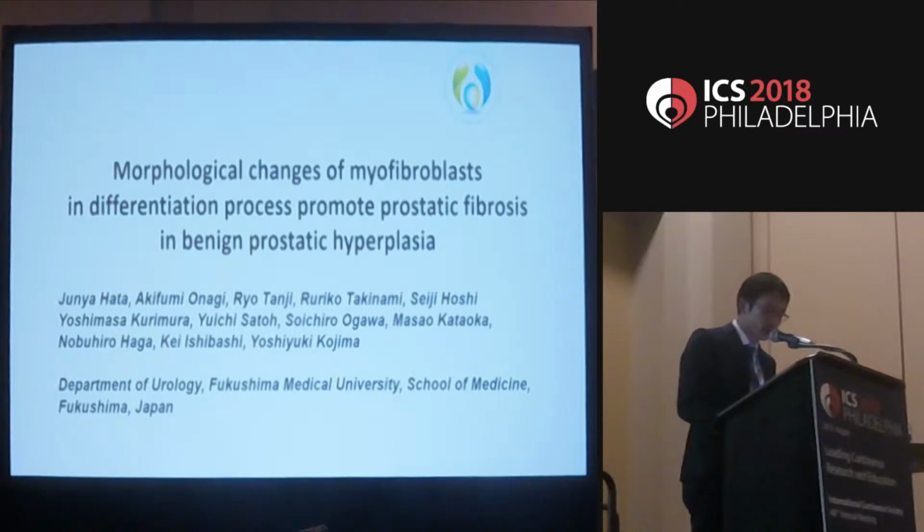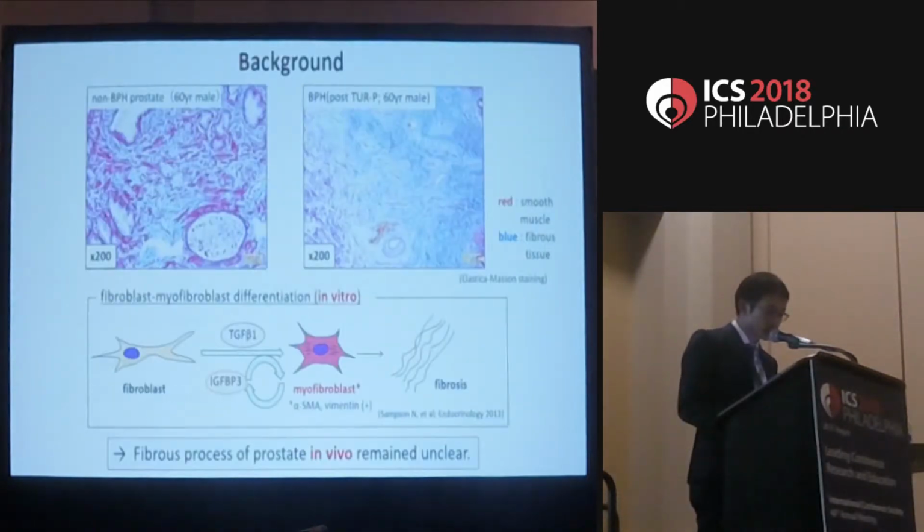Today, I'd like to talk about morphological changes of myofibroblasts in the differentiation process that promote prostatic fibrosis in benign prostatic hyperplasia. Advanced BPH tissue has particularly abundant fibrous components and few muscle cells in the stromal area.